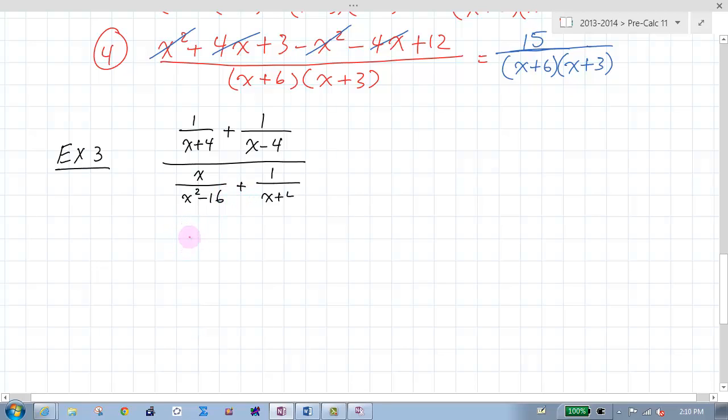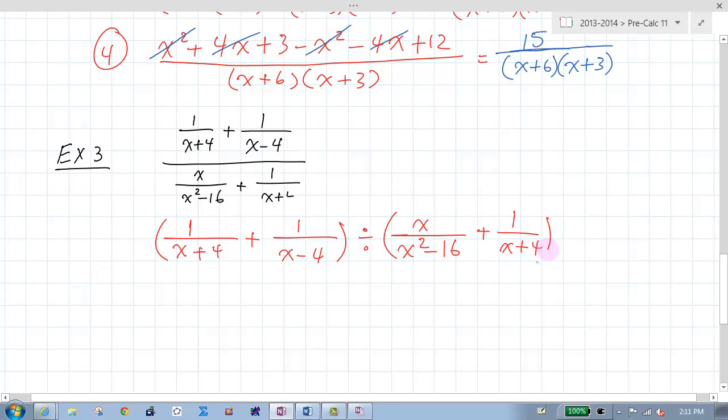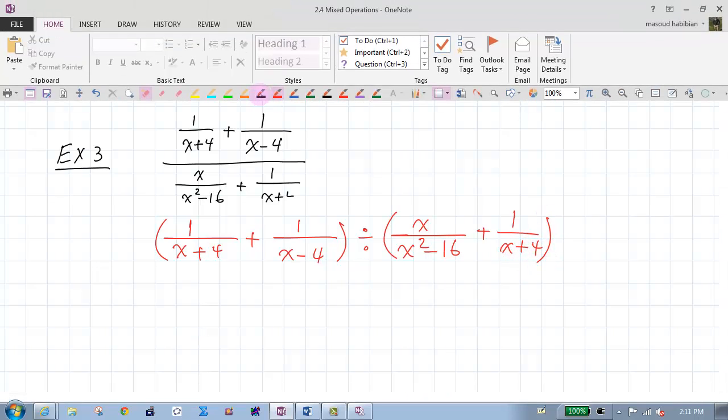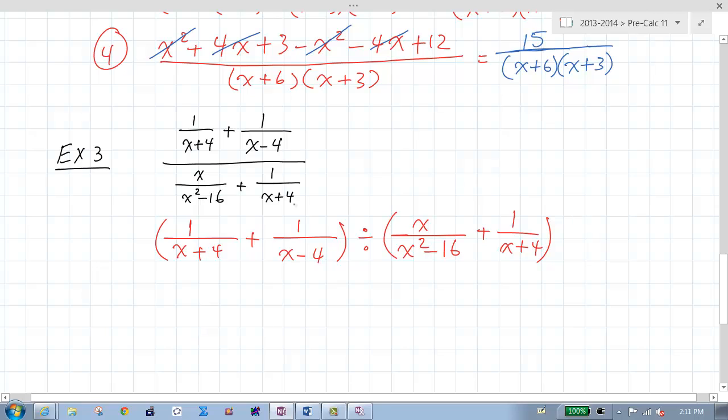So I'm just going to rewrite it as a division of these two statements, and you can see that it simplifies to something much easier looking.